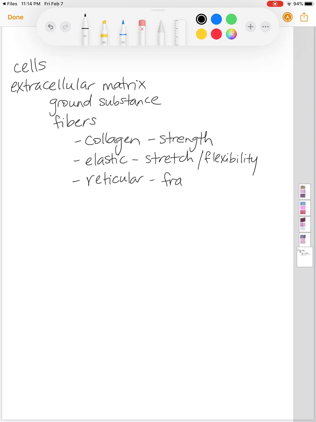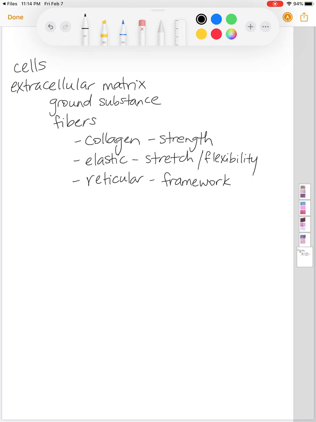These help form a framework within certain organs, okay? We'll talk about a few of those in just a bit. All right. So ground substance and fibers, those are the two things that help make up the extracellular matrix. And as I told you before, your extracellular matrix is going to differ from connective tissue to connective tissue, okay? It's going to look very different for each one.